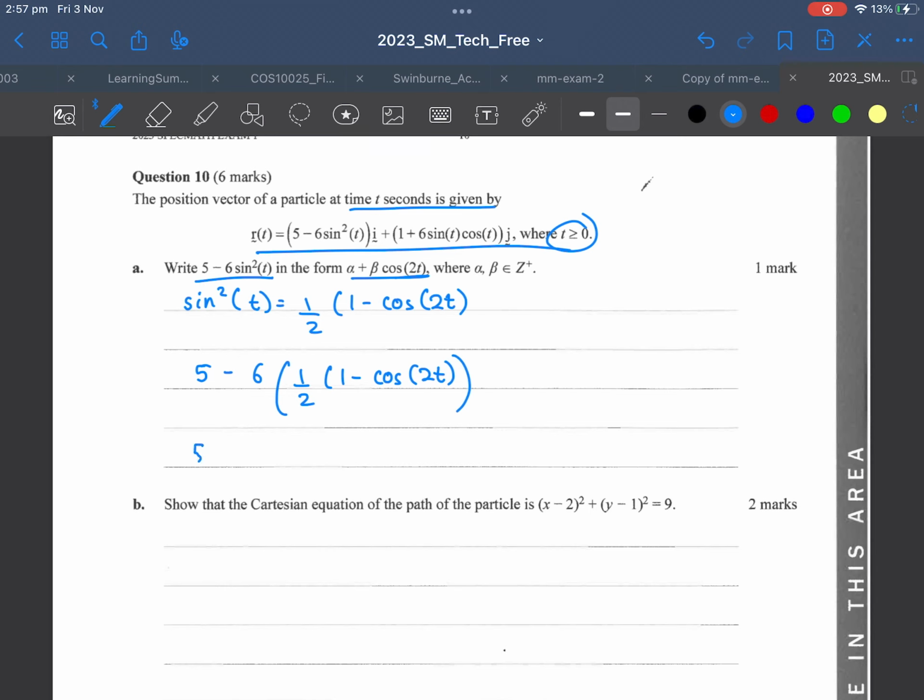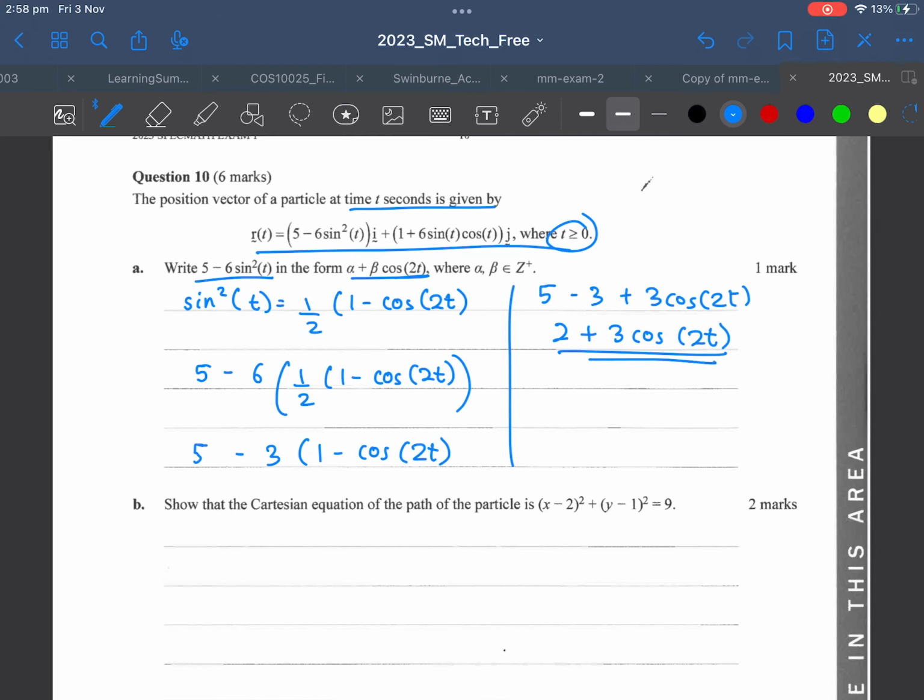So we will get 5 minus 3 times 1 minus cosine of 2t, meaning that 5 minus 3 plus 3 cosine of 2t. So 2 plus 3 cosine of 2t. And that's going to be our answer. So alpha equals 2 and beta equals 3.